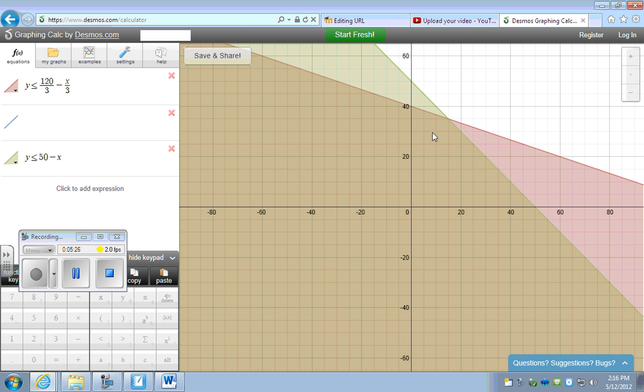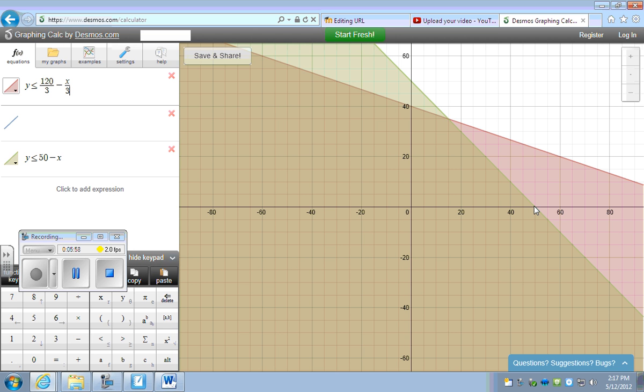Any number of kids here, so let's say right here, if we had 5 morning kids and we had 20 all day kids, that would satisfy the region. If we had 20 morning kids and 20 all day kids, or 20 morning kids and 30 all day kids, that would satisfy. So anything included in this region.